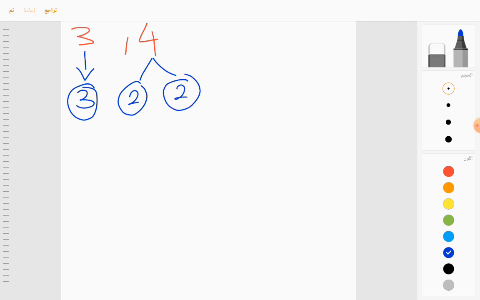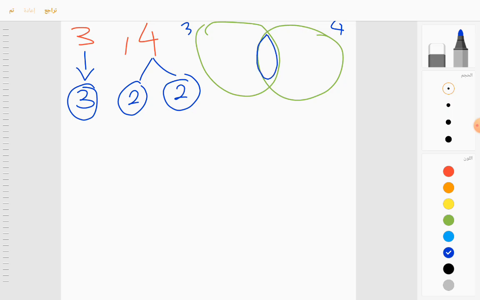And then draw a Venn diagram, two intersecting circles, and write on one circle the number 3, and the other circle refers to the number 4. And then, are there any common factors between 3 and 4? No. So leave the intersecting part empty. And then 3 is 3 and 4 is 2 and 2.